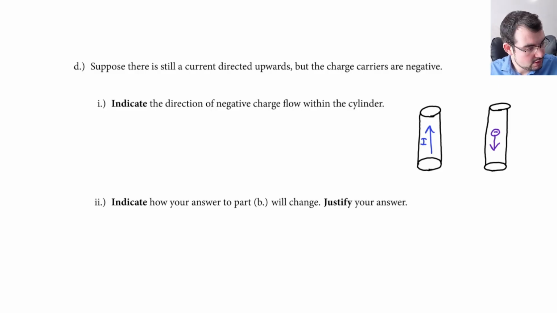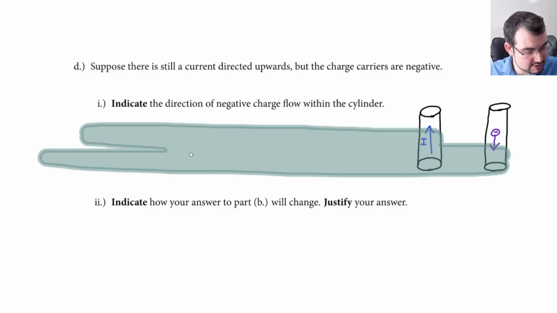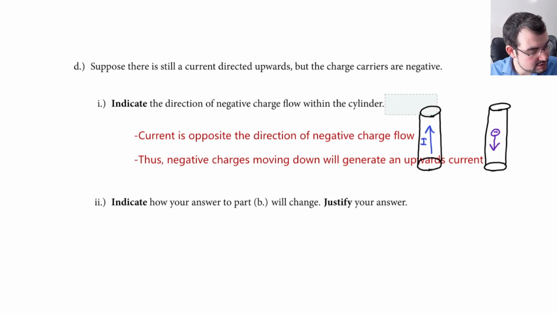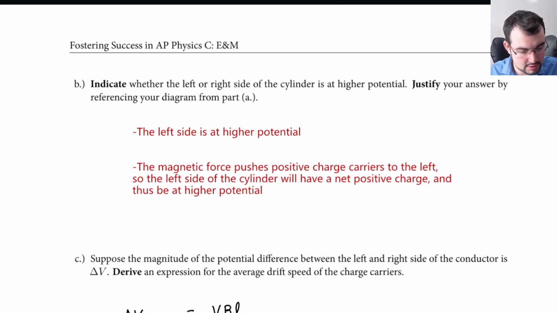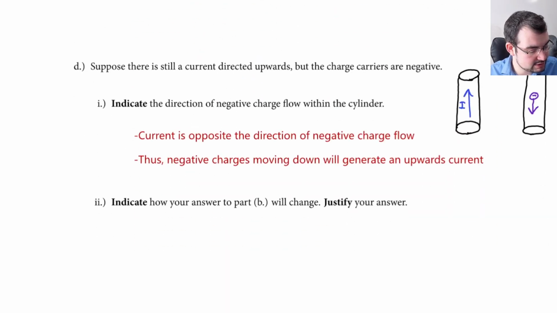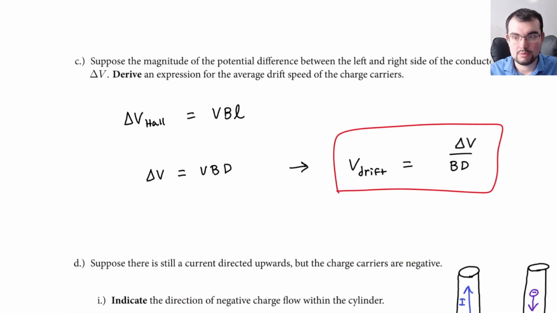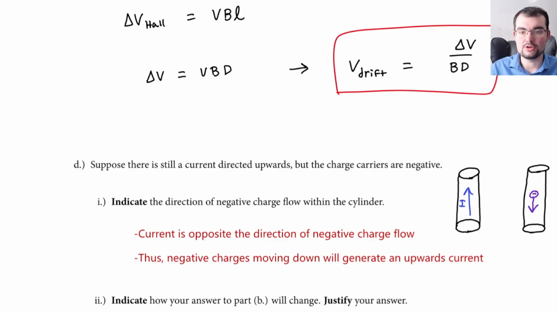So what's the direction of negative charge flow within the cylinder? Down, because it's going to be opposite conventional current. So how will B change? Justify your answer. What is B? That is, what side of the cylinder is at higher potential. Well, let's think about what happens here. If I use my left-hand rule, yes, I have negative charges, but the charges aren't moving up now, they're moving down. And now we see the negatives get slapped left.